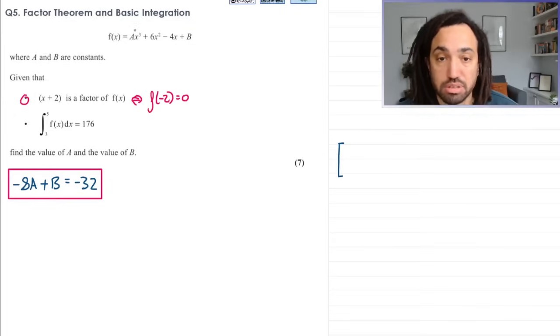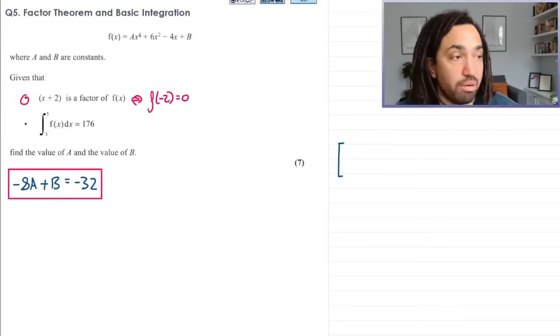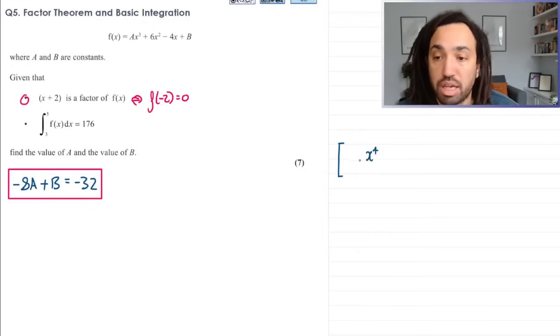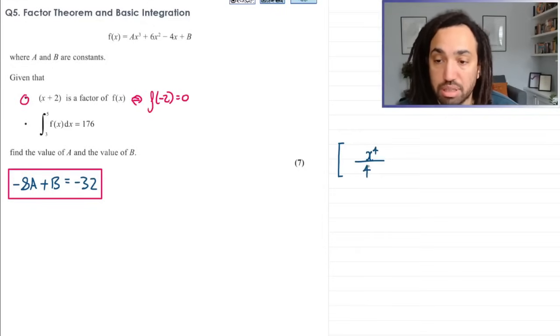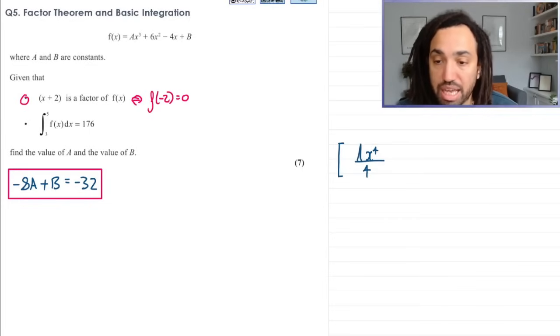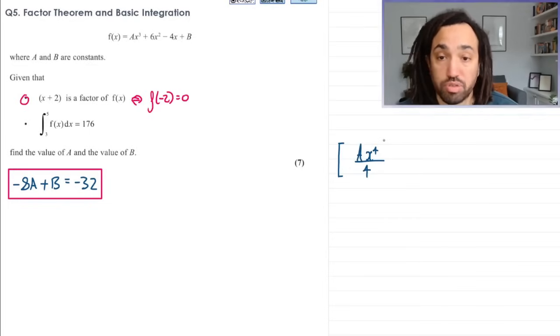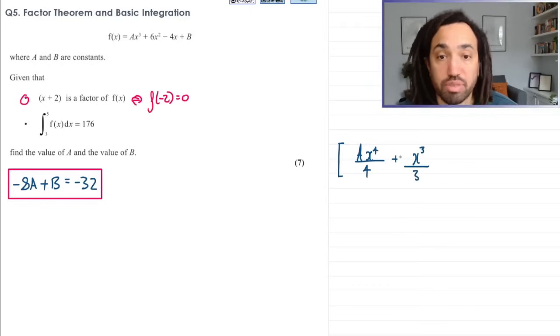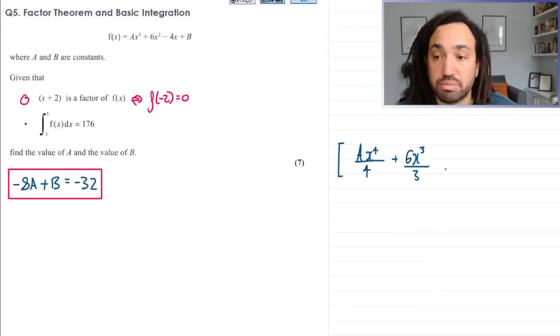Okay, so let's get integrating. So we've got the function, and when we integrate it, we're going to up the power, so that becomes x to the 4, and then we're going to divide by the new power, and then that's going to be multiplied through by a. So we get a x to the 4 over 4. Next one, up the power, it's going to be x to the 3, and then we're going to divide by 3, and we've got a 6 in there as well.